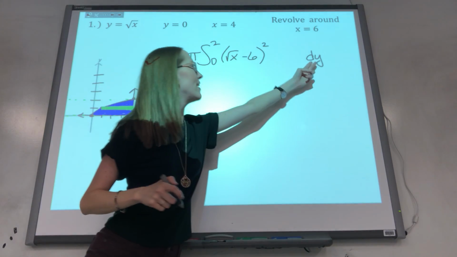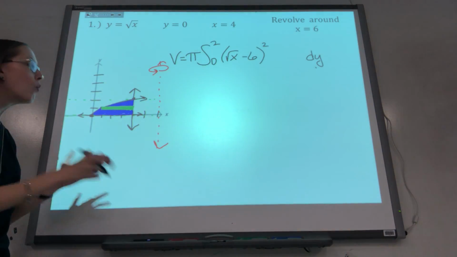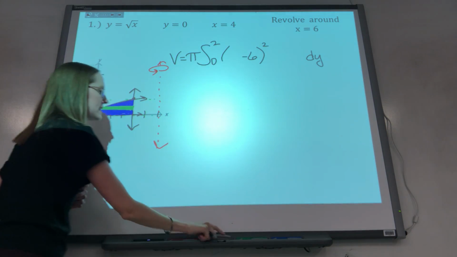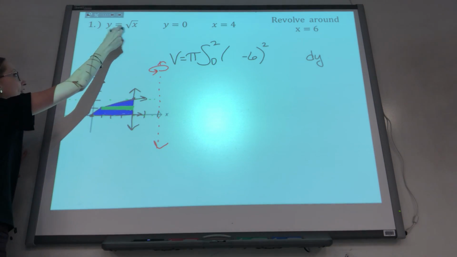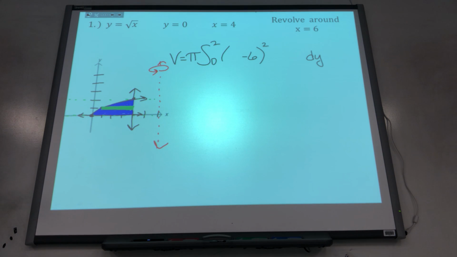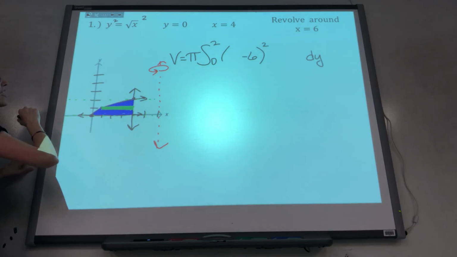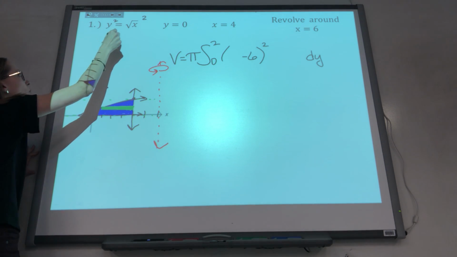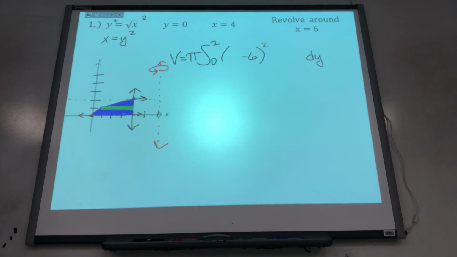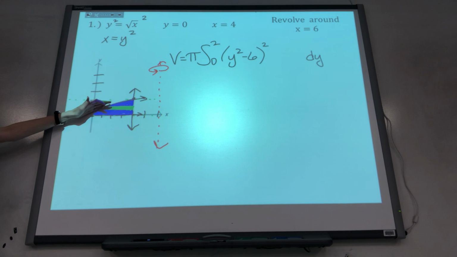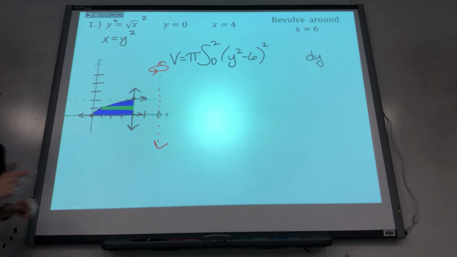If I'm going to integrate with respect to y, I don't want that to have x's in it. So let's go ahead and solve this real quick for x. We would just need to square both sides. That'll take care of the square root. And now it says x equals y squared. That is the function that forms the outside of the washer.